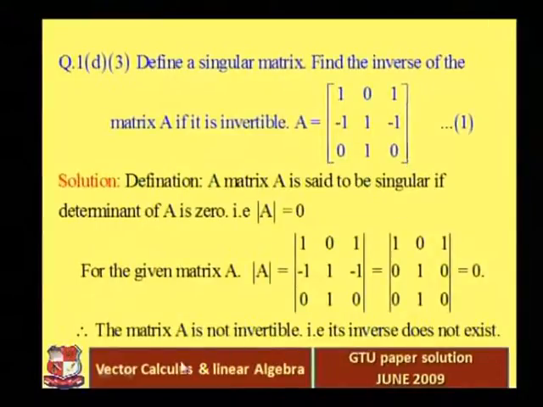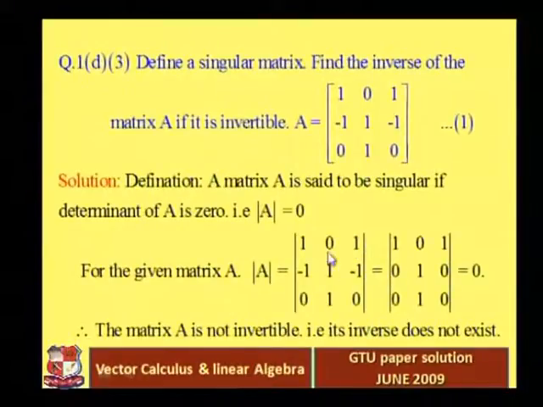to 0. So for the given matrix A, here is the determinant: 1 0 1, minus 1 1 minus 1, 0 1 0, right? Just using some row operations, we multiply the first row with 1 and add it to the second row. So that's why 1 0 1, 0 1 0 and 0 1 0.